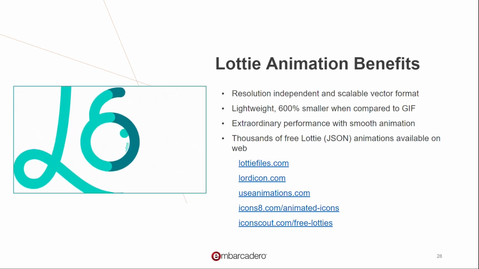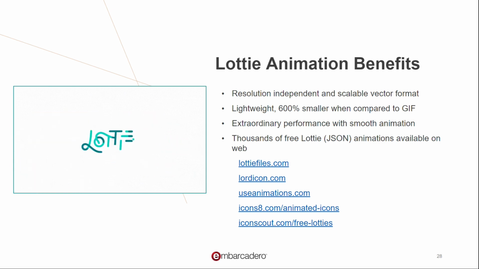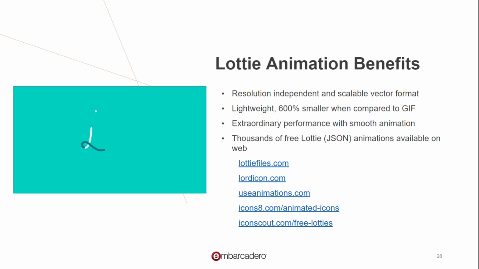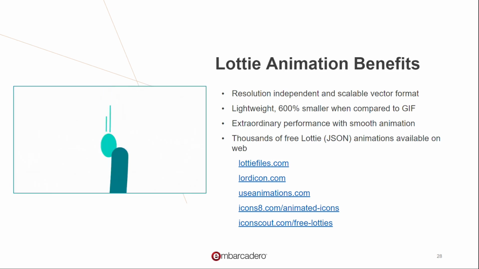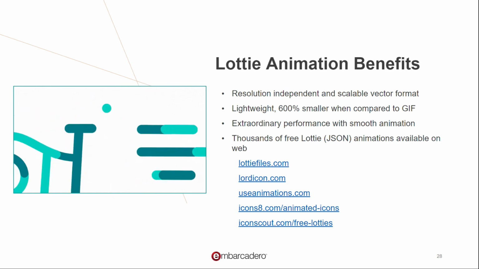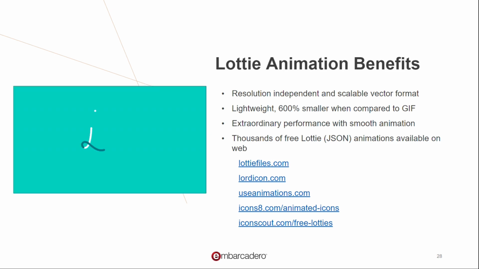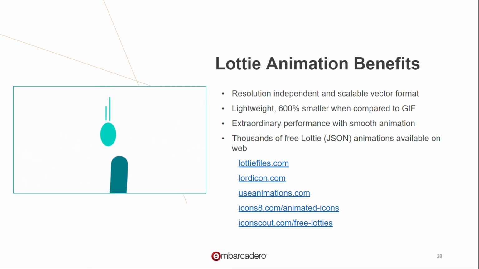Now I'll talk about Lottie animations. Lottie, I think it would be Lottie. I'm terrible at pronunciations. They're not based on SVGs, but they're similar in concept in that they are vector animations. They're JSON based, whereas SVGs are XML based, and they're resolution independent and scalable.